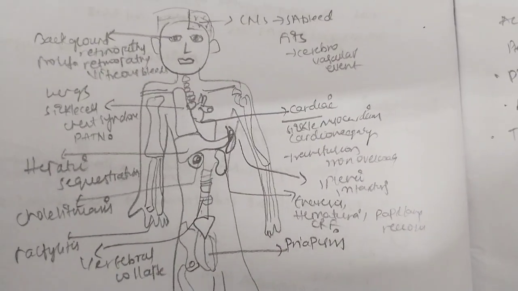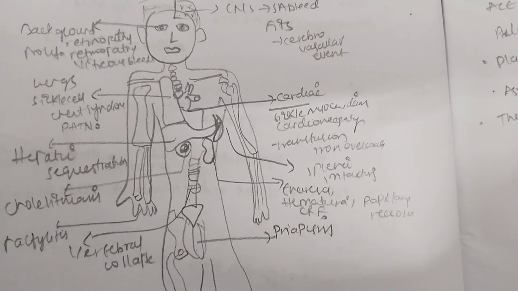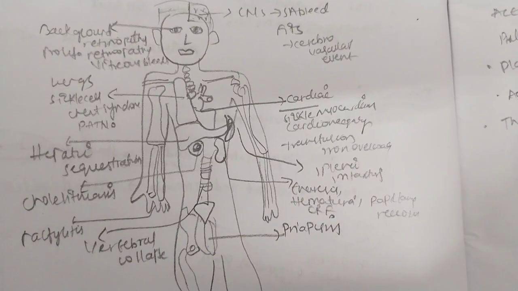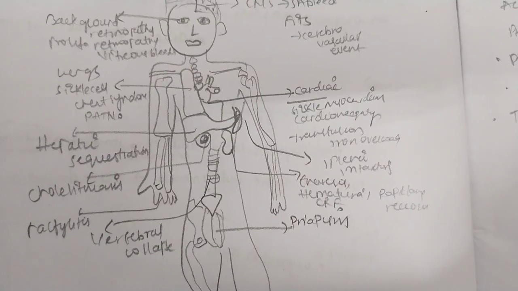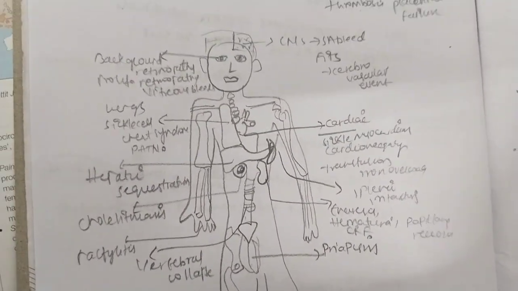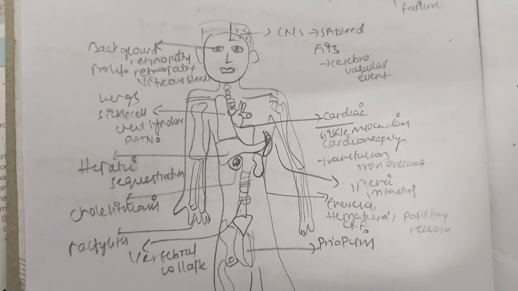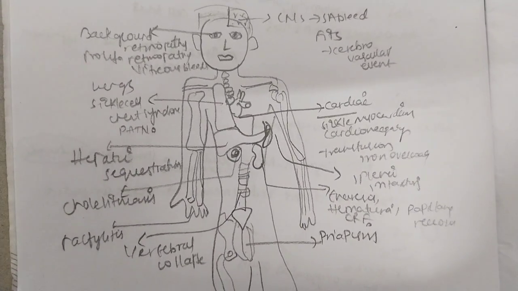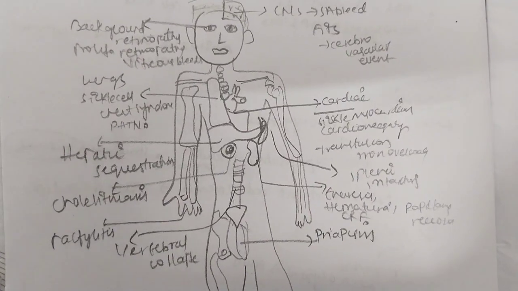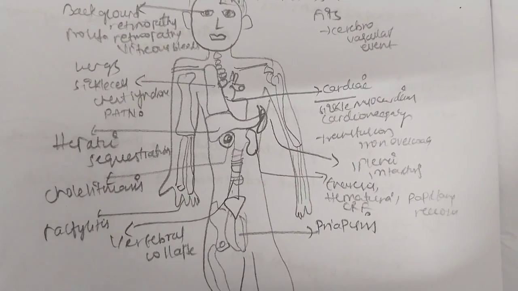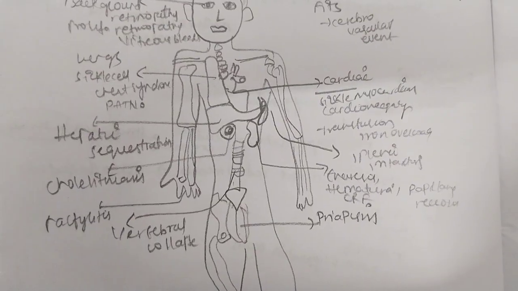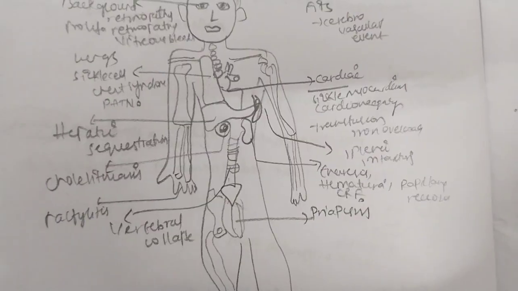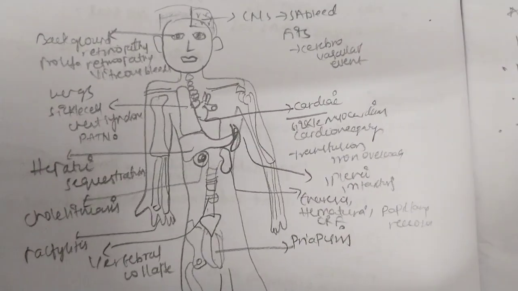Cardiac, you will see sickle myocardium, cardiomegaly, transfusion iron overload, splenomegaly, hematuria, enuresis in the renal system, and priapism in males. In the eyes you will have background retinopathy, proliferative retinopathy, vitreous bleed. In the liver you will see hepatic sequestration and gallbladder cholelithiasis. In the fingers you will see dactylitis and vertebral collapse. And still many more effects, right?